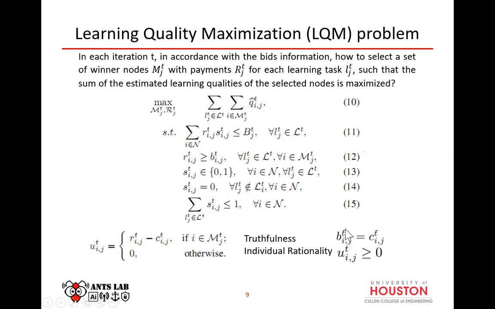If it claims a higher bid price than the learning cost, it is considered not truthful. And the second constraint is individual rationality, which guarantees the utility of node i is non-negative.